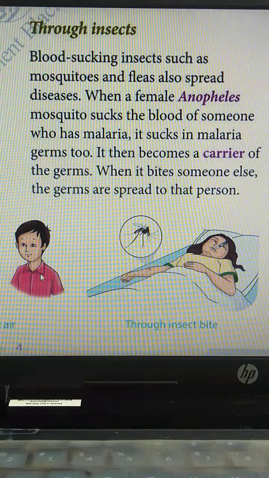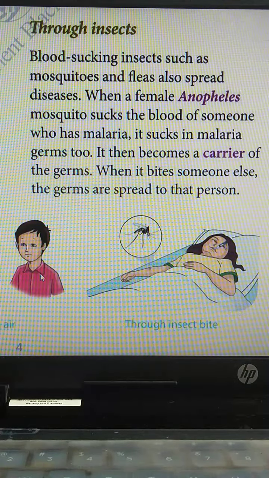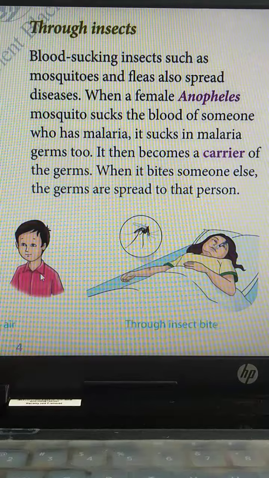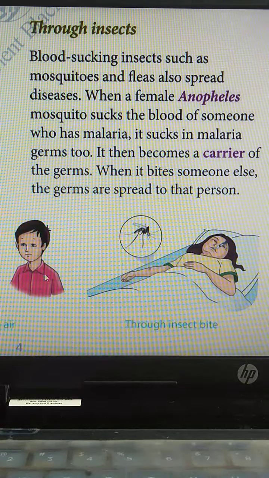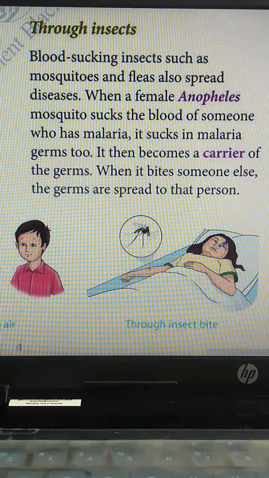Imagine a person, suppose your friend or your family member is suffering from malaria, and that female Anopheles mosquito bites that person, and that mosquito comes to you and bites you, then you suffer from fever, right?